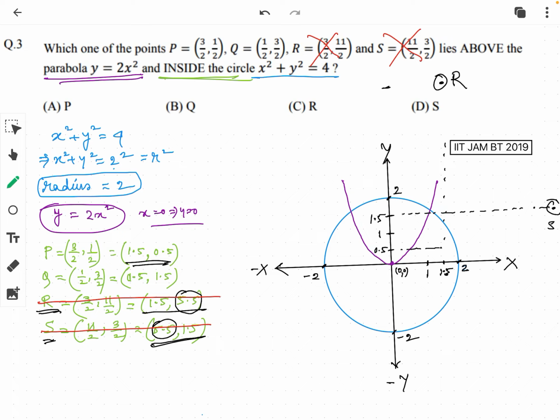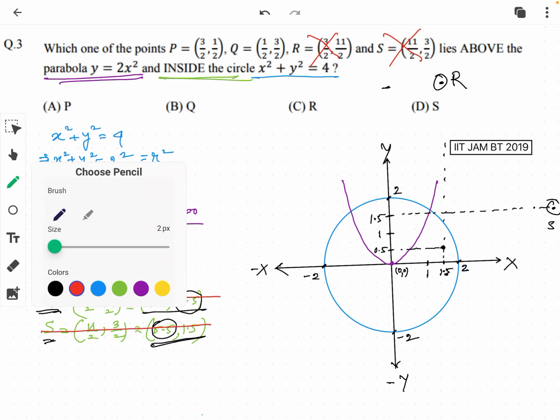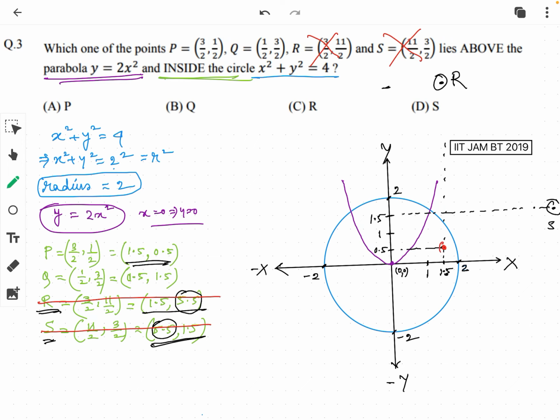here. This point is P, which we can see is below the parabola y equal 2x square according to our drawing.